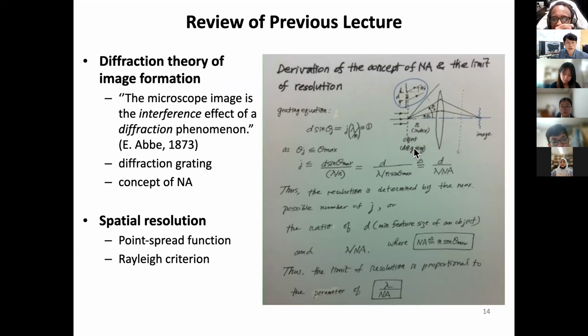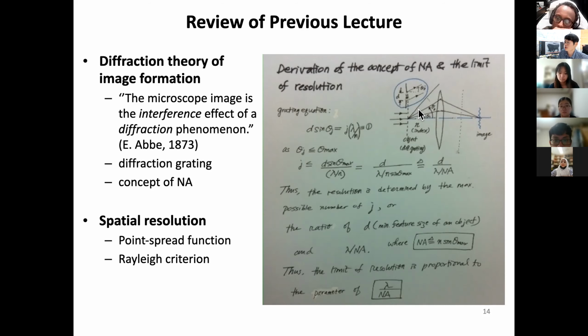So we have an object, and the diffracted light which passes through this optical system makes your image. The higher the angle, the smaller the feature size it relates to.